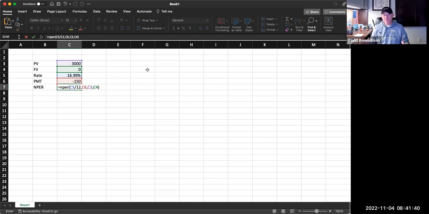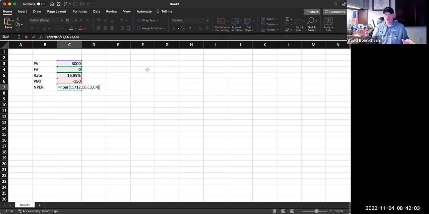When we do this, it's going to tell us how many compounding periods it's going to take us to pay off our credit card if we continue making a $150 a month payment and we don't add any additional charges. We're just going to pay off the $3,000 balance. That's it.